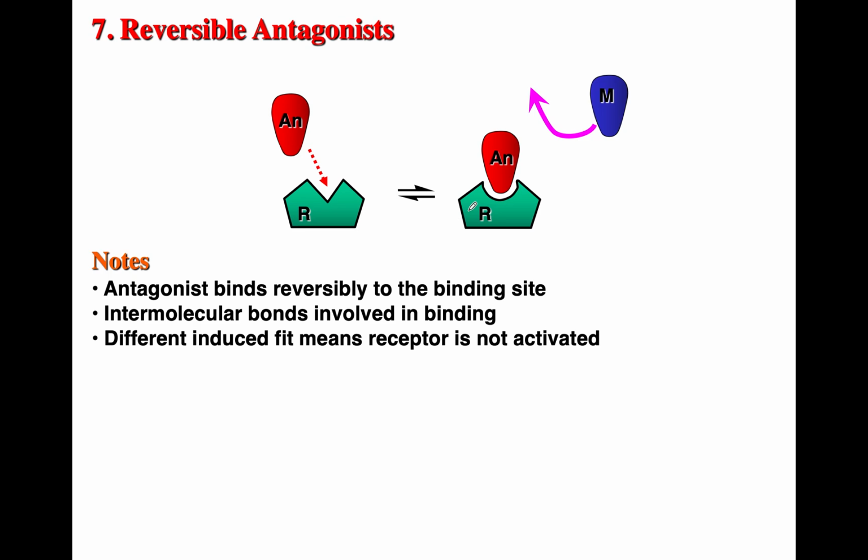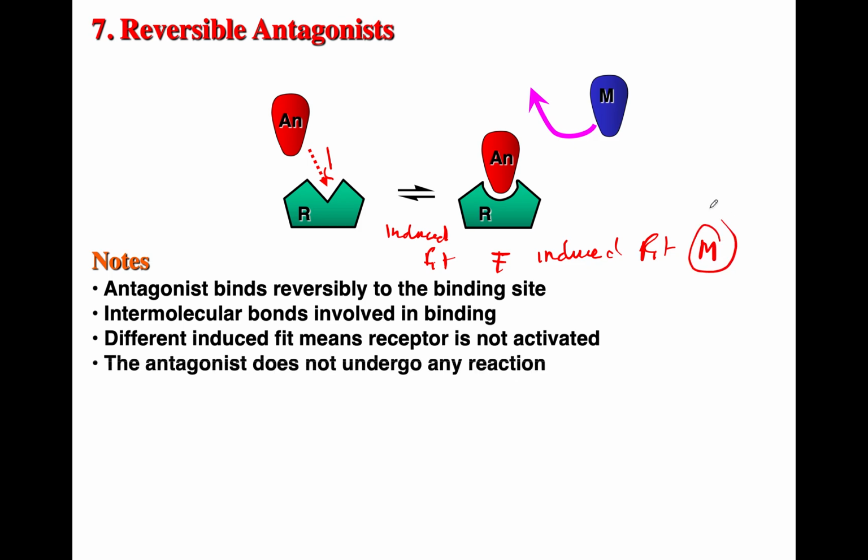Again, the antagonist comes in, it binds to the receptor. Induced fit takes place, but it's different than the induced fit with the messenger. So it does not lead to receptor activation.